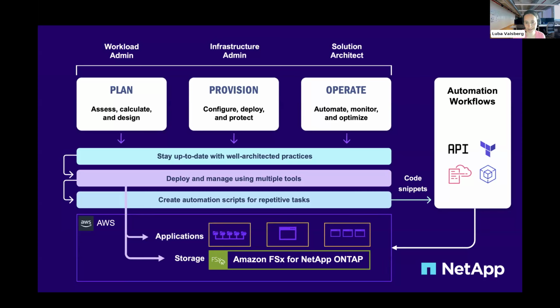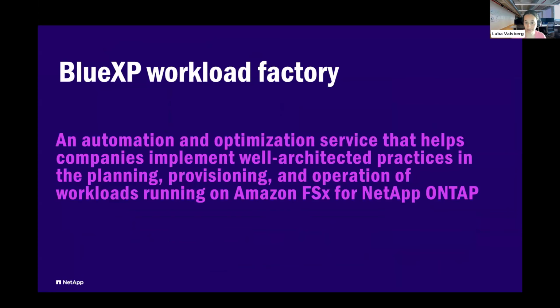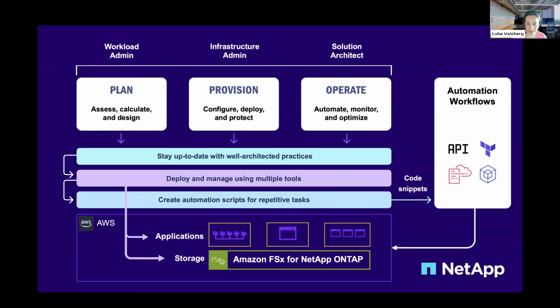How do you calculate the size and the resources that would be needed? After that, how do you do the deployment and the configuration of the environment? And after you do all the planning and the provisioning, what is the best way to operate, monitor, and optimize your environment on a continuous basis?